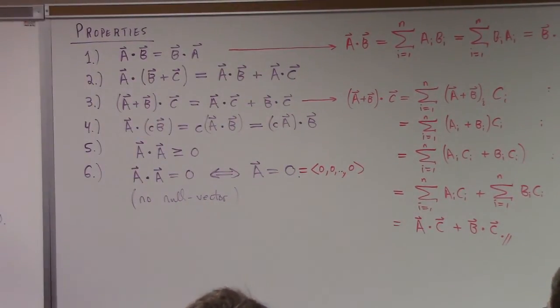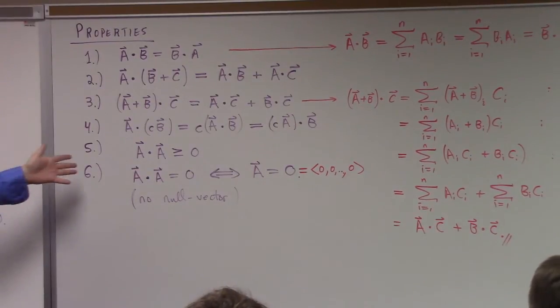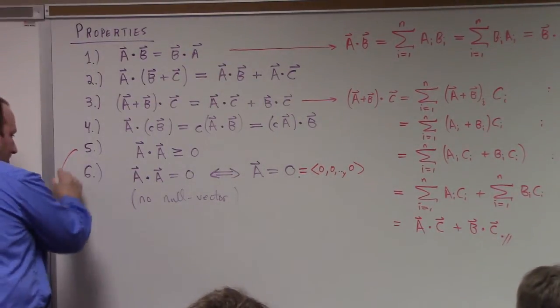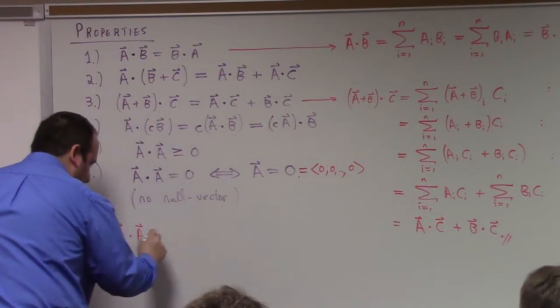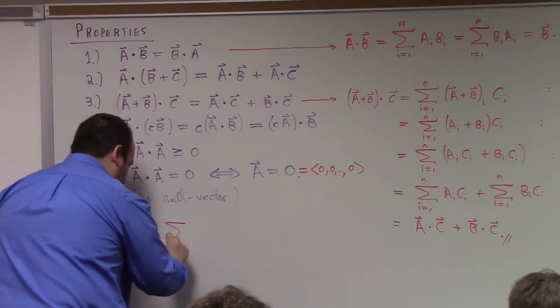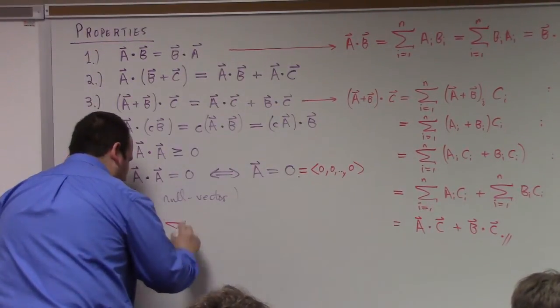Anyway, okay, so let's get into this though. What is the formula for A dot A? I can write it in the summation notation, although that doesn't really help us much here.